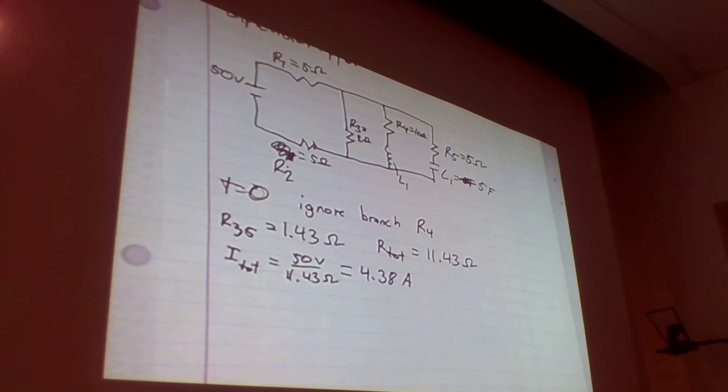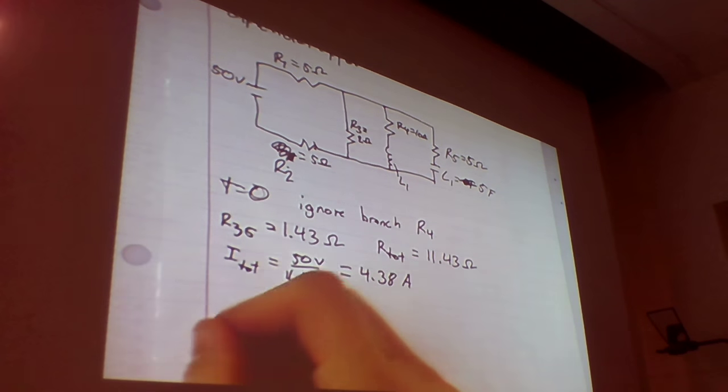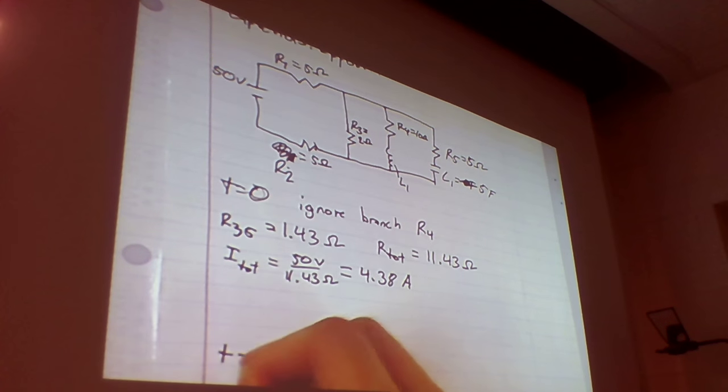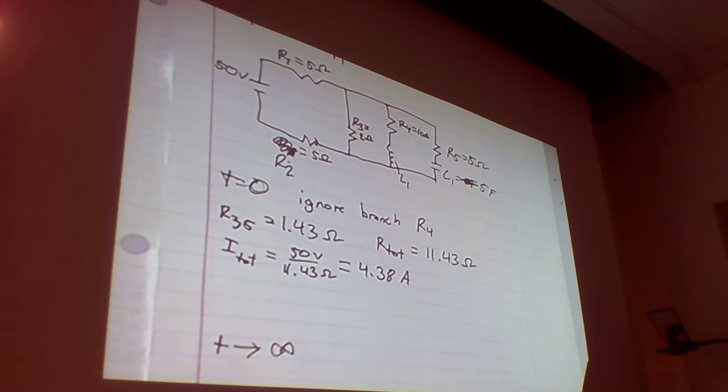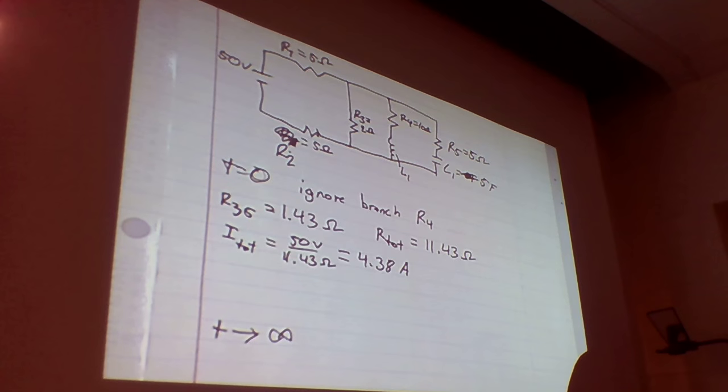What is the current at t equals infinity? And then the question asks, what is the ratio of voltage drops across resistor 1 and resistor 2? So t goes to infinity. Let's do that.